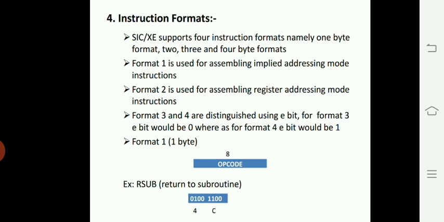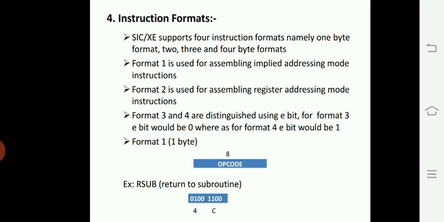Format 3 and format 4 are differentiated using the bit E in the instruction format. If the E bit is set to 0, it is a format 3 instruction, and if the E bit is set to 1, it is a format 4 instruction.